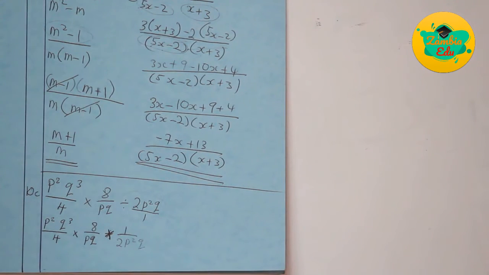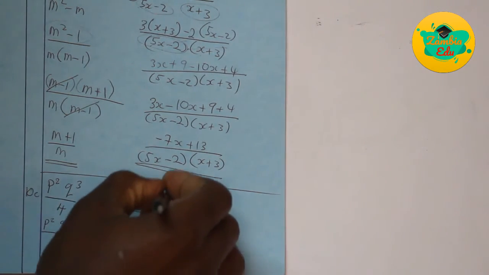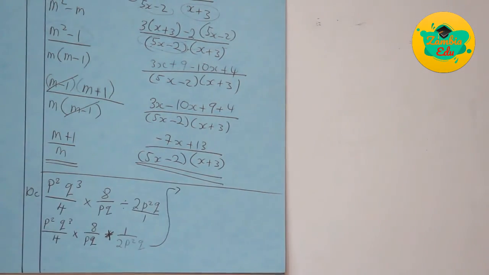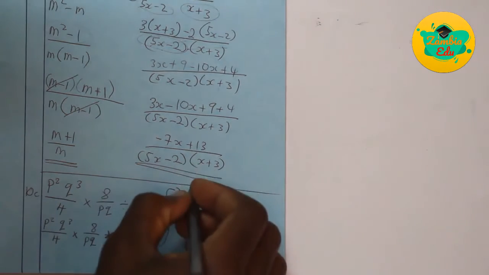Having done that now, our next thing that we do, let's finish it up this other side, is that we are going to expand what we have to get the answer.